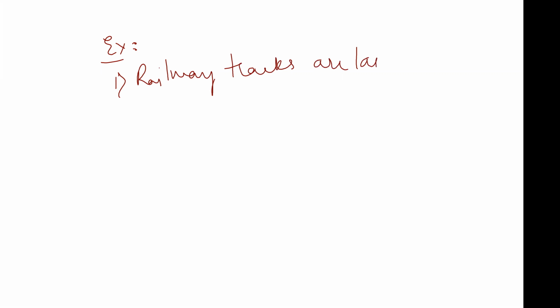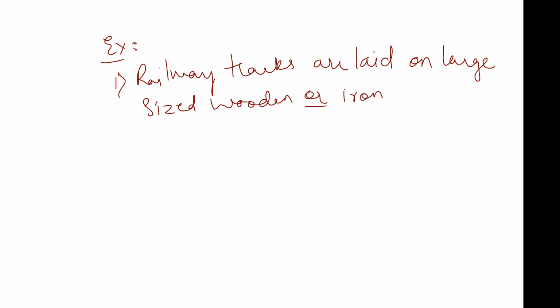What examples do we give? You can quote examples like, first one, railway tracks are laid on large sized wooden or iron sleepers. You have seen railway tracks; the pressure is exerted by the train.